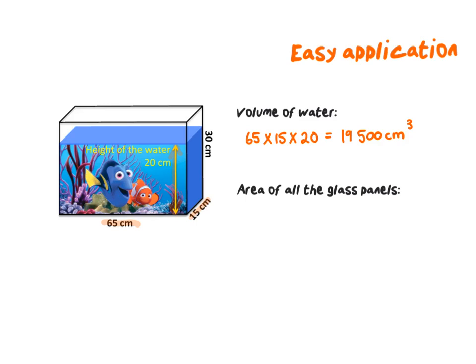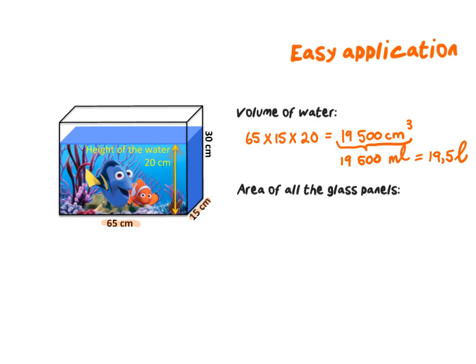You might know that centimeters cubed, if you think of a tiny little cube, if you do it with your fingers, a centimeter by centimeter by centimeter, that's the same as milliliters. So this is also 19,500 milliliters, or in terms of liters, 19.5 liters. But normally these conversions will be given to you.